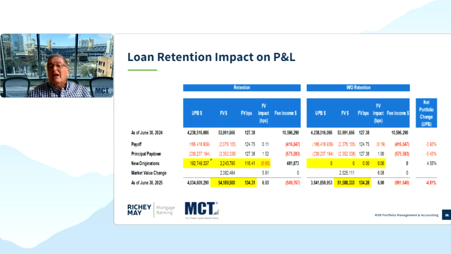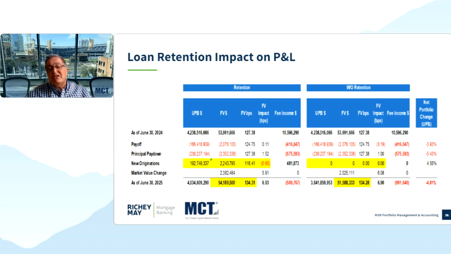However, a lot of companies overlook the fact that scheduled principal payments and curtailments are increasing rapidly. Right now, for this particular portfolio, it amounted to almost 5.5% of the total portfolio. If you combine payoff and principal pay down, that's about 9.3%.